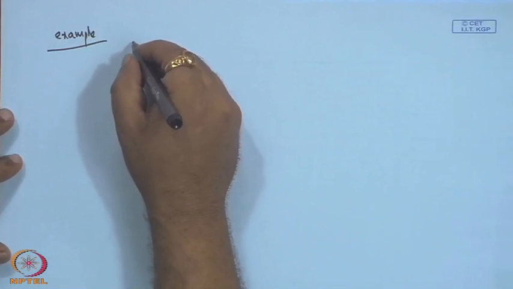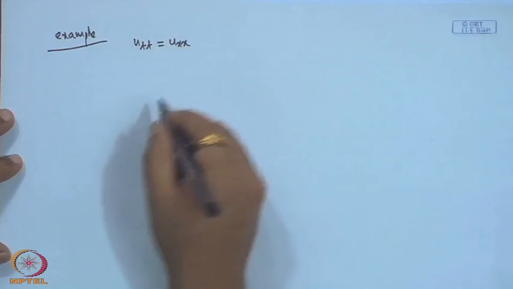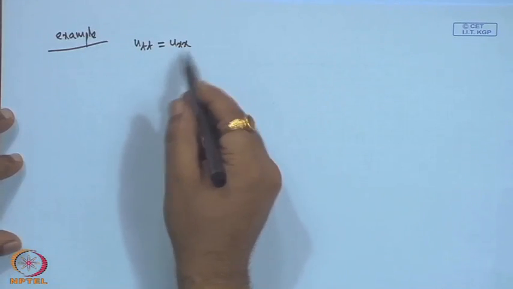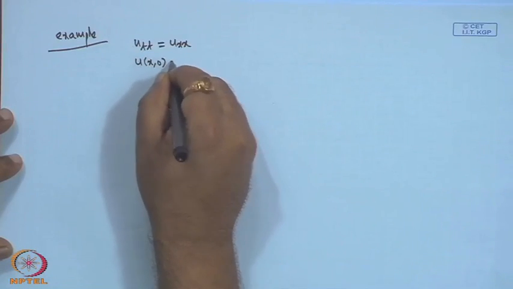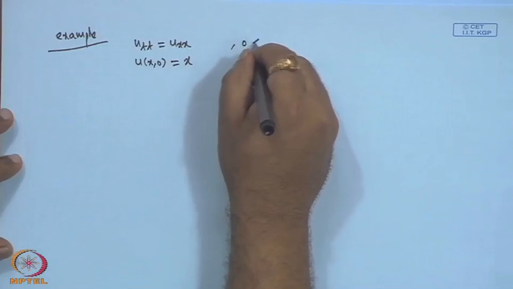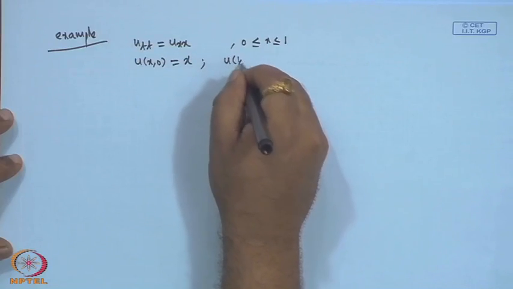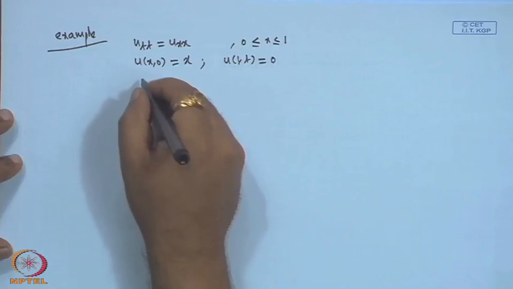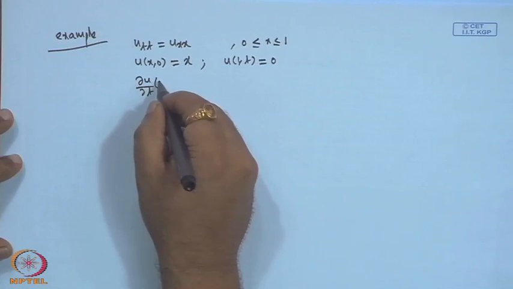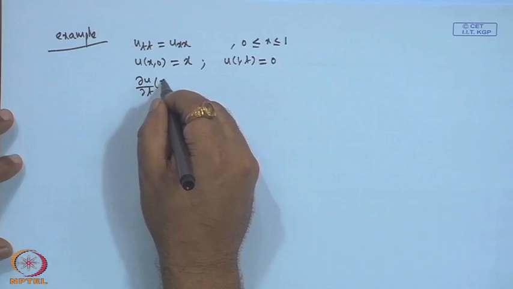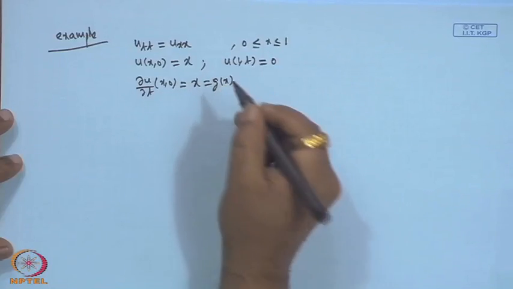So, an example, so I have changed the notation and then C is 1. So, you can understand. Then so this is our g of x.